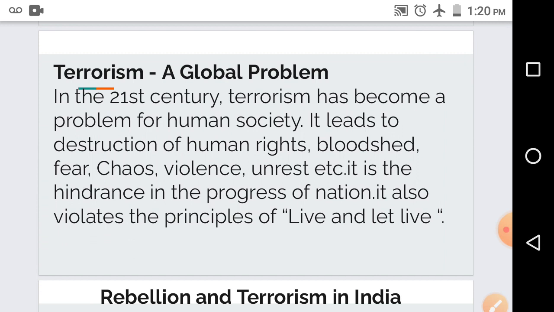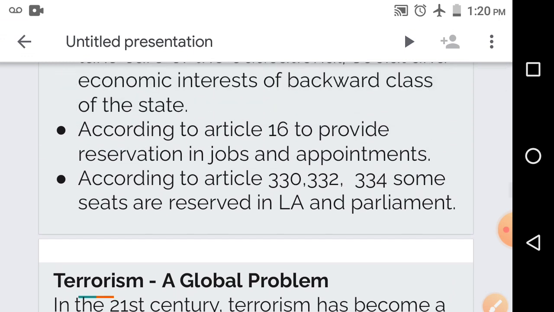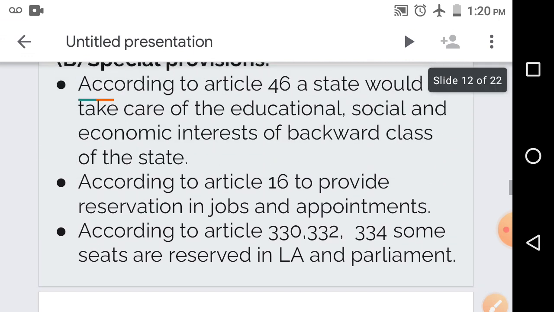Other than this, under different five-year programs, hostels have been opened and a scheme has been launched to offer scholarships for children. Residential schools have been set up for educational progress. Minimum requirements of age, fees, and qualification have been relaxed for the candidates of this group for government jobs.